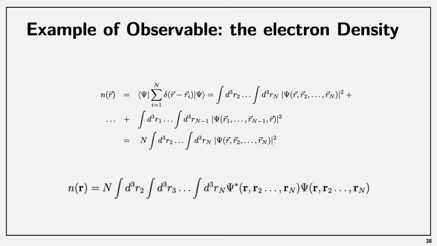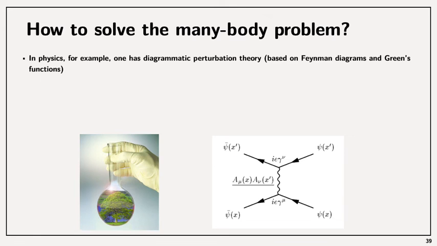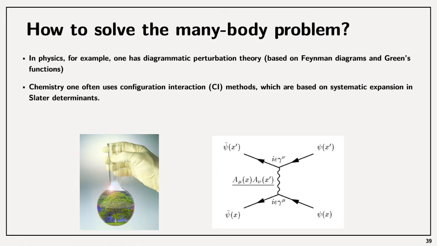How do you solve the many-body problem? Well, the answer is: not easily. So people are working on many ways to do this. Some in physics, for example, try to do this using perturbation theory. For example, Feynman diagrams and Green's functions are examples of perturbation theory. Chemists are using other methods like configuration interaction, coupled cluster, and all sorts of things.